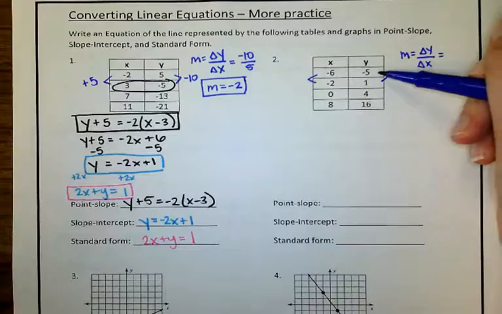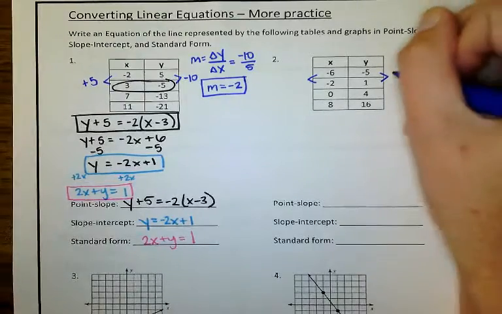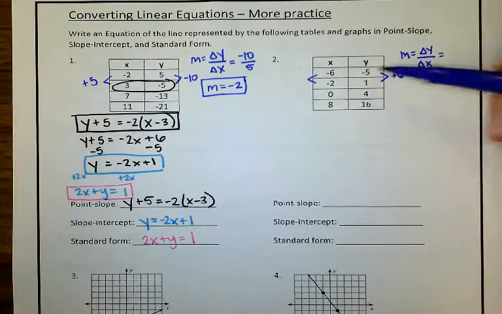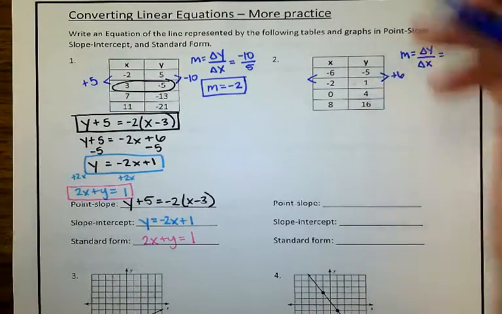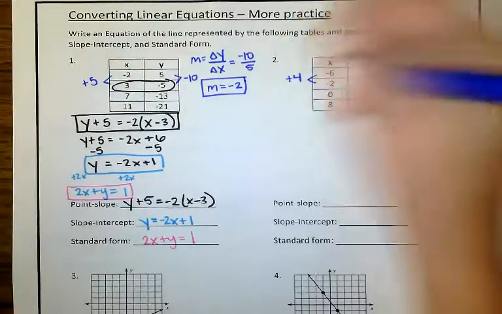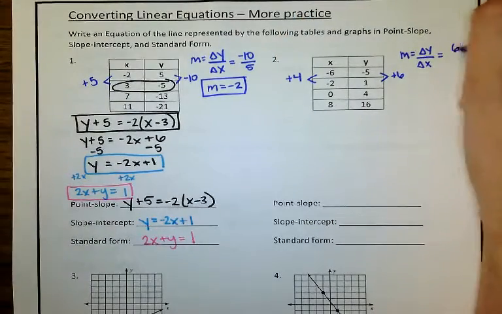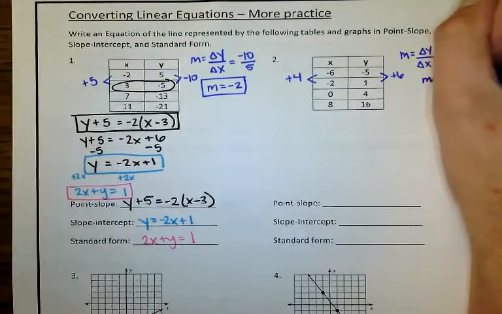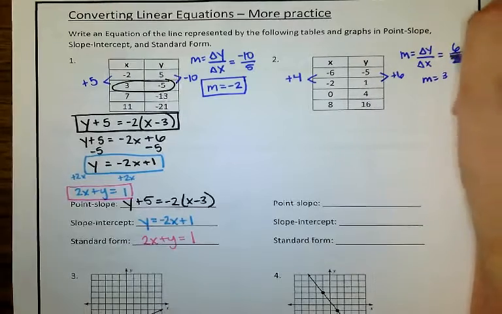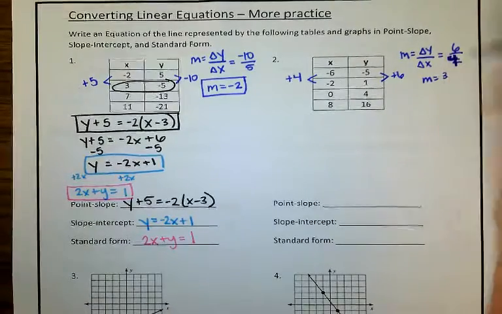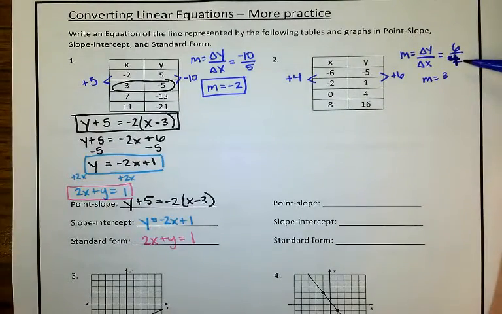Adding 6. From negative 6 up to 2, we are adding 4. So my slope, 6 over 4. My bad, I was ahead of myself. 6 over 4. So my slope is 3/2. Do y'all feel good about that?